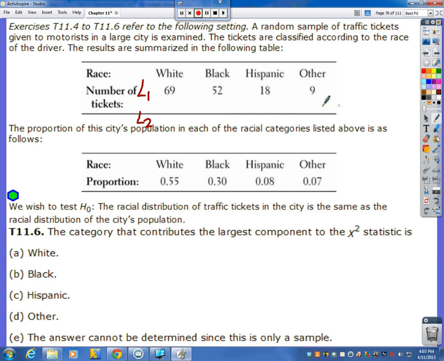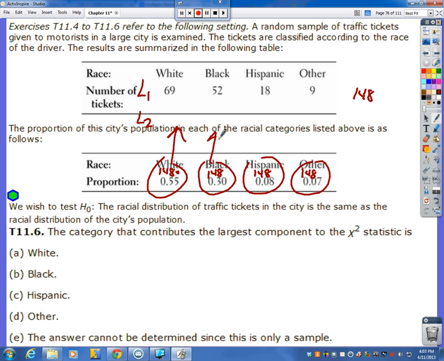List 2, remember we had 148 total tickets. So if we take 148 times each one of these decimals here and pop them up top. So we said earlier that this was 11.84. So, I mean, you could even punch this in into list 2.